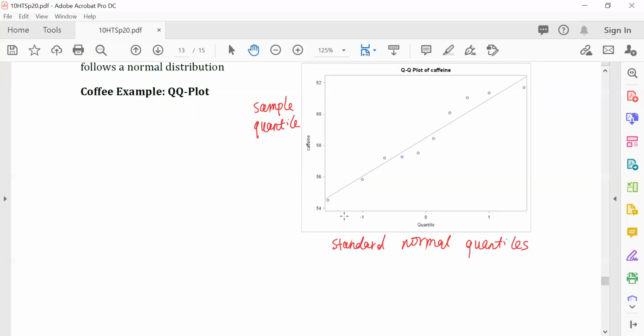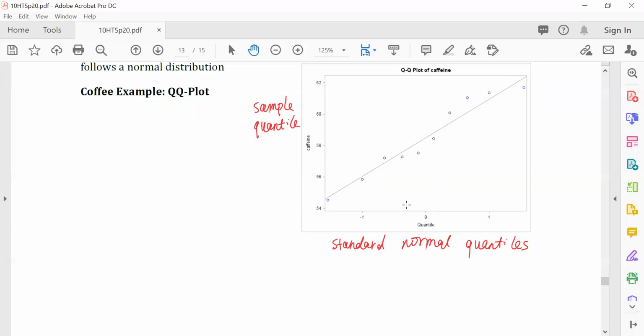You would expect the points to plot on a straight upward sloping line, right? That means the sample quantile is roughly the same as the standard normal quantile, so all the dots from the sample form an upward straight line in this QQ plot.